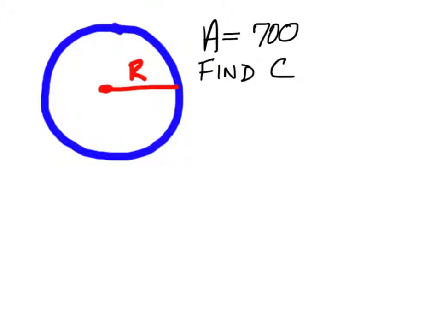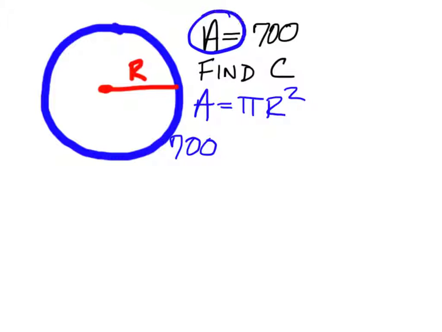So you're given a circle with an area of 700. Whatever you're given, write the formula for that. That's pi r squared, and you're given 700. So plug in 700 for the A. Then get r squared by itself by dividing both sides by pi.